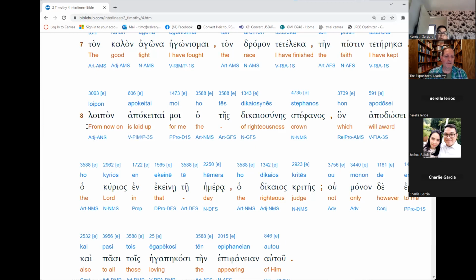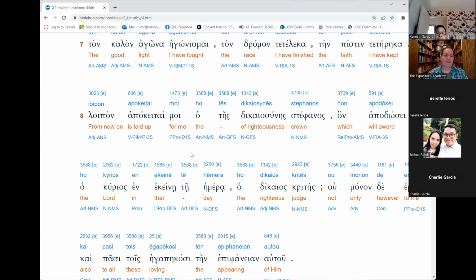Because this first word, from now on, or now, "now is laid up for me the crown of righteousness," literally what it says, which means the crown is the subject, but it's just put at the end of the sentence.